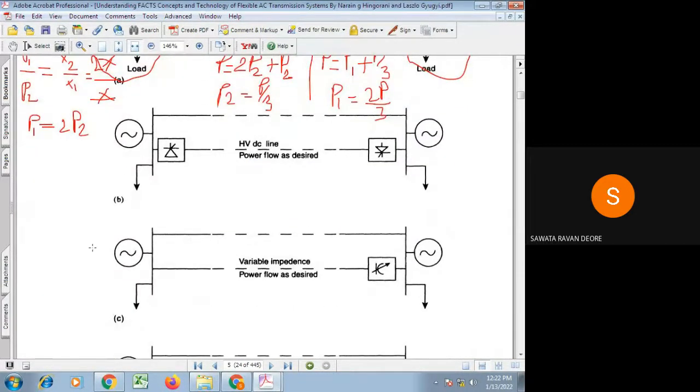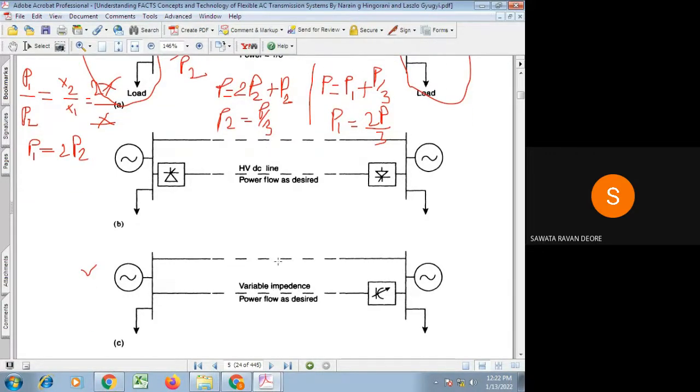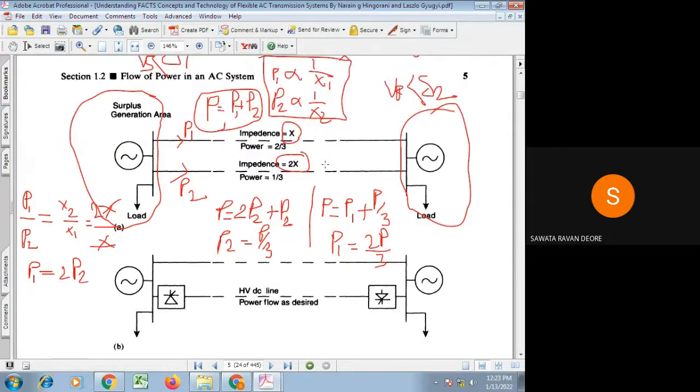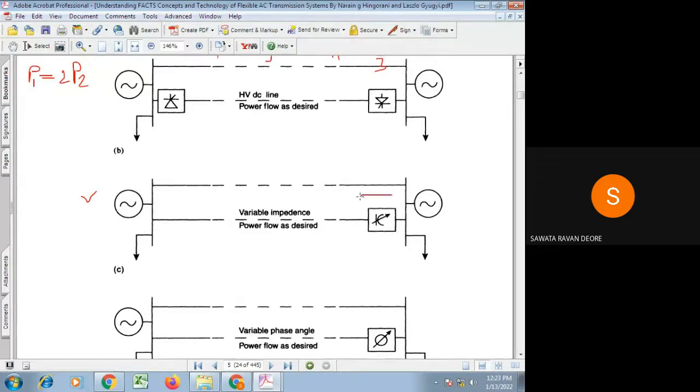So here you see example 3. In this case, from this one we come to know that P1 is 2/3 times P and P2 is 1/3 of P only. So obviously this line is getting overloaded. What they did, for the line which has the higher reactance, some of that reactance is compensated by means of a capacitor connected in series with that line.